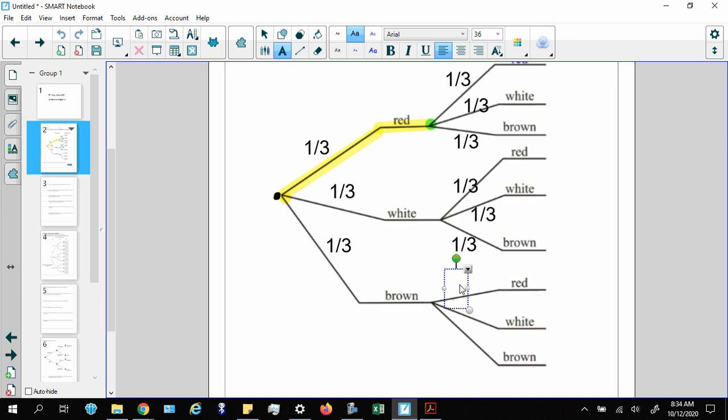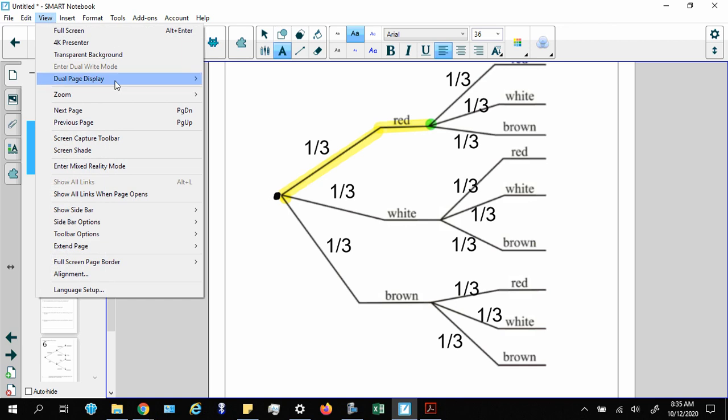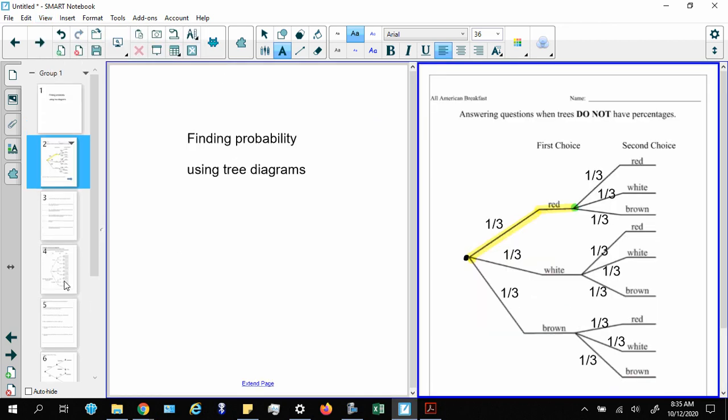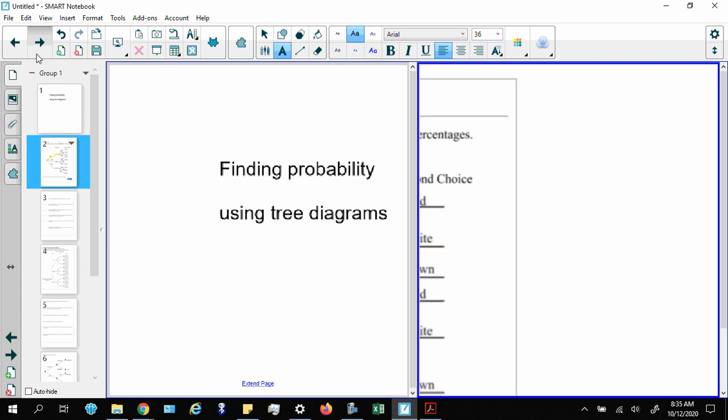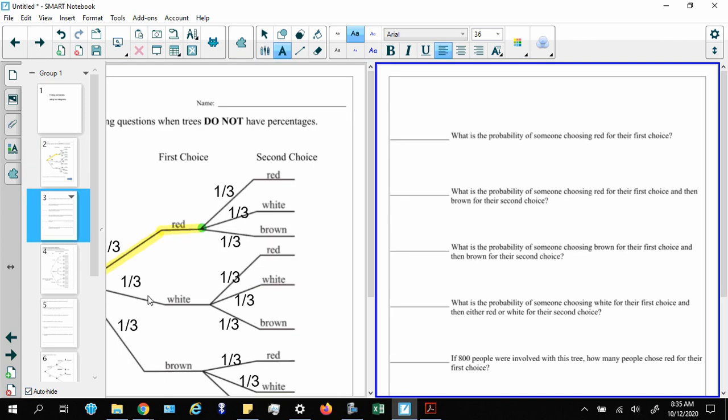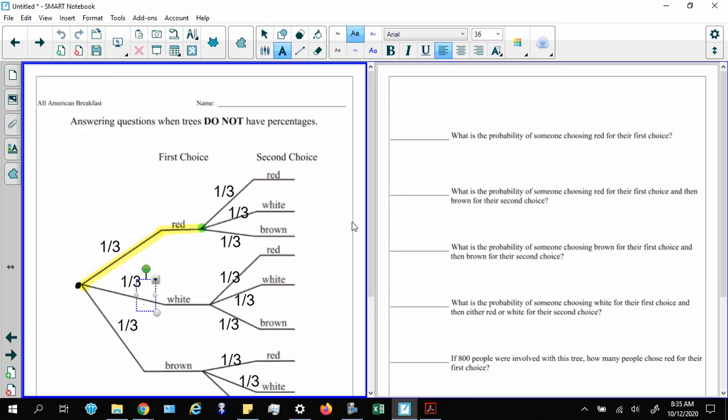All right. Now, the best thing to do, once we put all these probabilities on the tree, is to start answering questions just to really make sense. Okay. So let's see if I can change the view here. There, and let's hide that. All right. So hopefully you can see this.